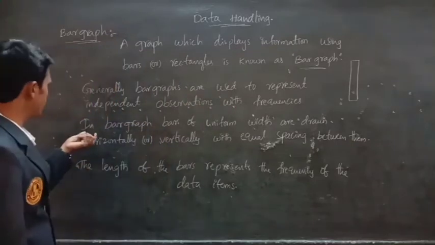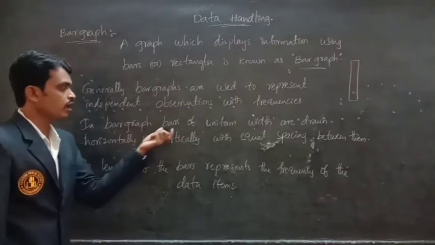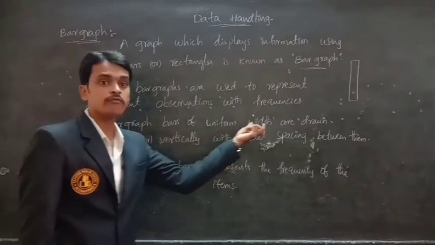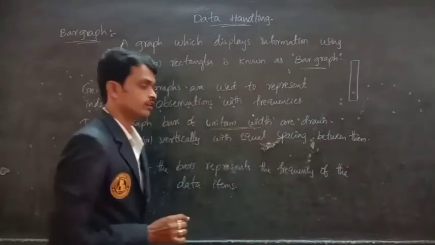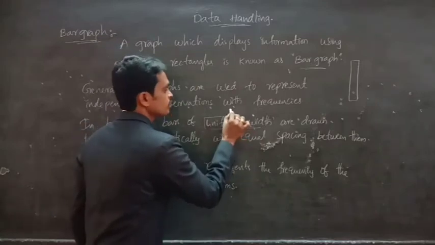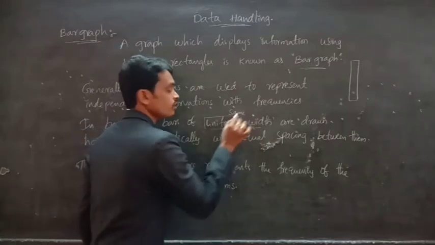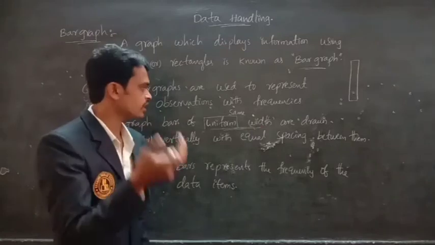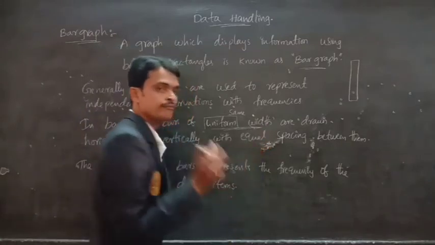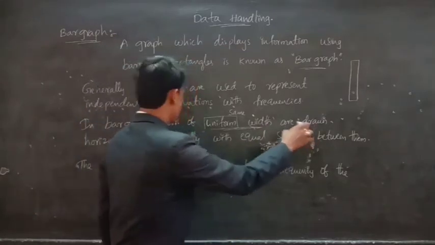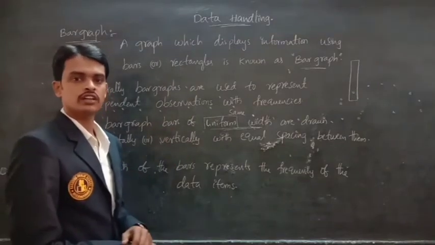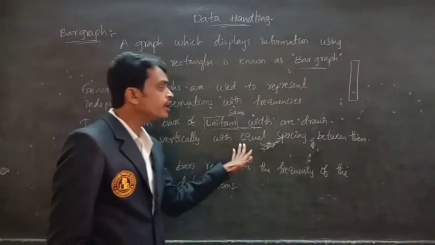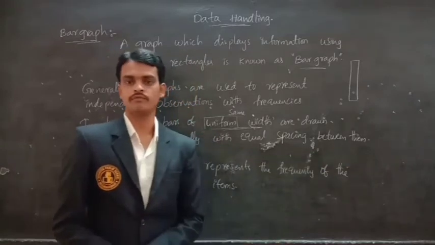Next, in a bar graph, bars of uniform width, uniform is nothing but same, always the same width, are drawn horizontally or vertically with equal spacing between them.